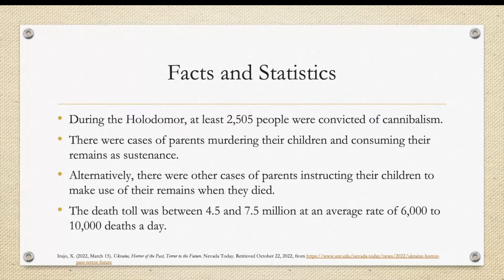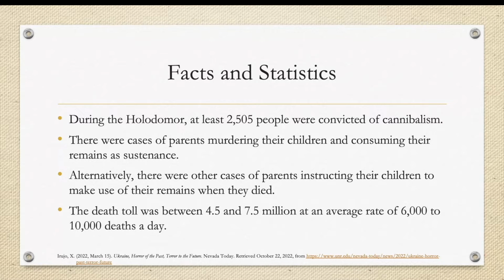Some facts and statistics about this genocide were that during the Holodomor, at least 2,505 people were convicted of cannibalism. There were cases of parents murdering their children and consuming their remains as sustenance. And alternatively, there were other cases of parents instructing their children to make use of their remains when they died.